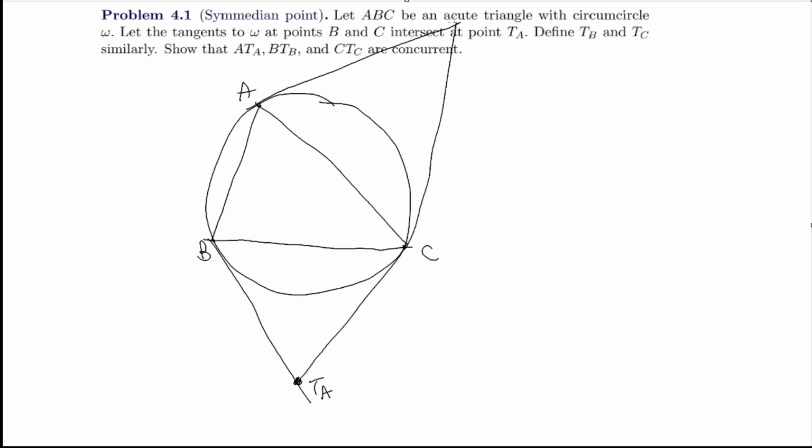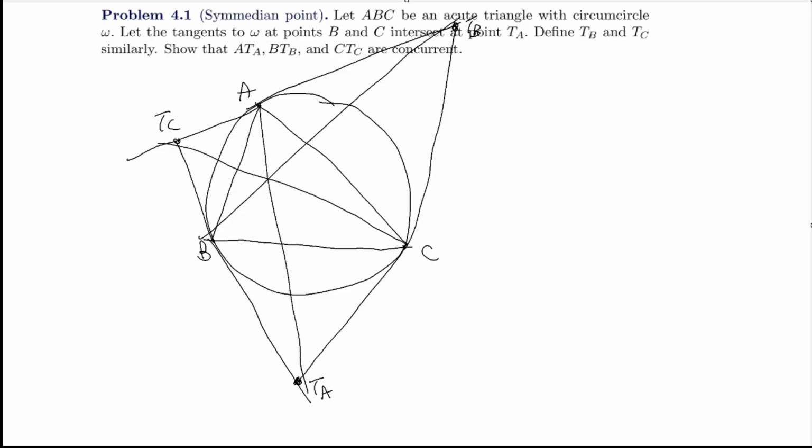So I'm going to be drawing it over here. So TB and that's TC. We want to prove that these lines are concurrent.